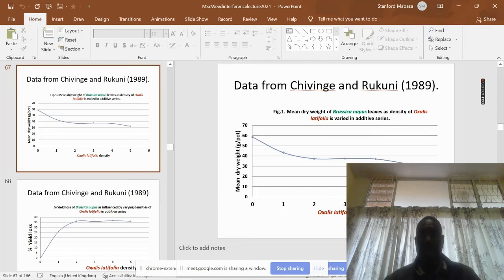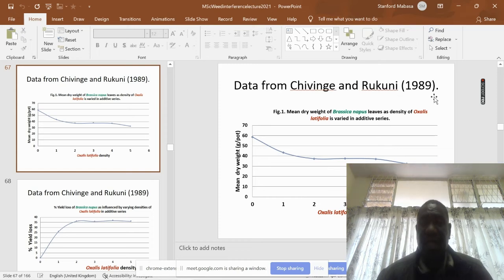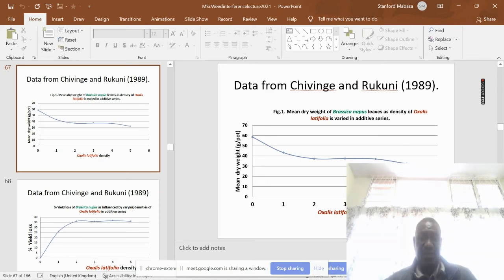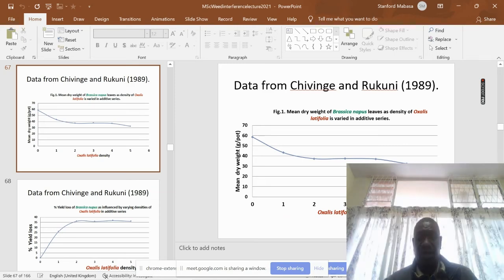There was also a study done by Chivinge and Rukuni in 1989 where they varied the oxalic density from 0 to 6, and this is the mean yield loss.